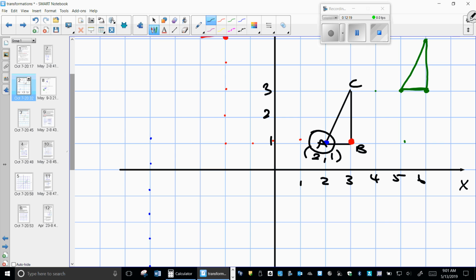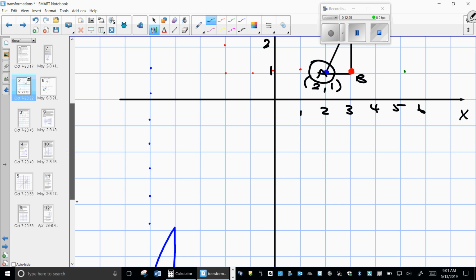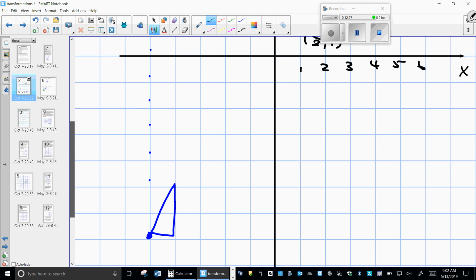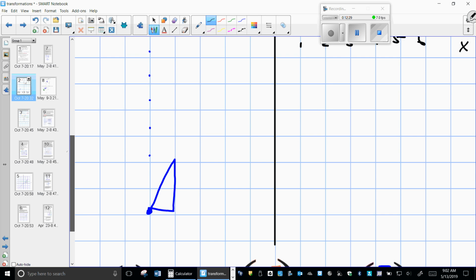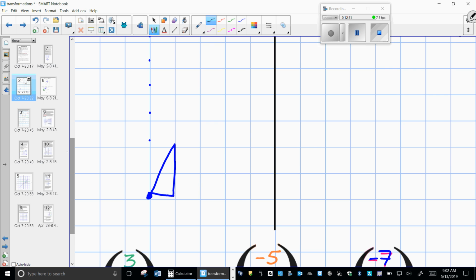They may say, what's the new coordinate for that point? So we have to look down at our new, mine's blue. So I look down at my blue shape. The coordinate that corresponds to that would be this one here, yes? Now, often when we have images, so this would be known as an image, we would label it A dash, B dash, C dash.